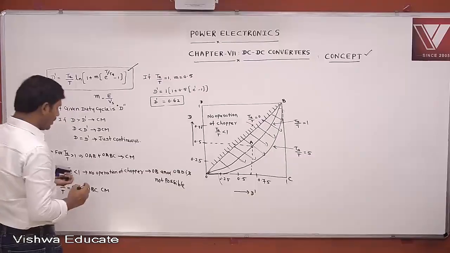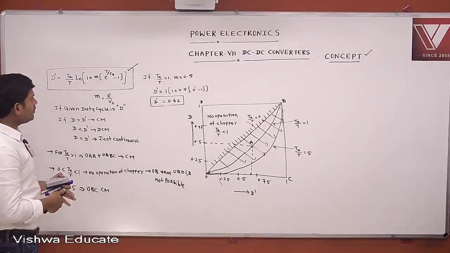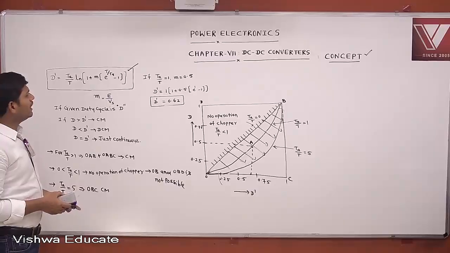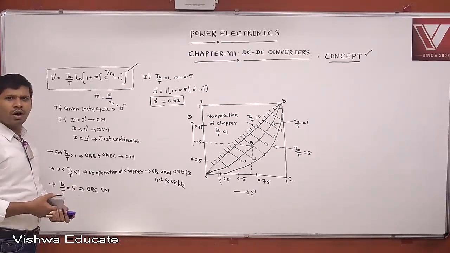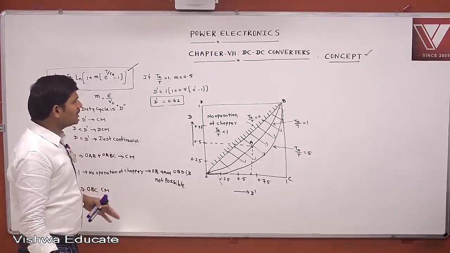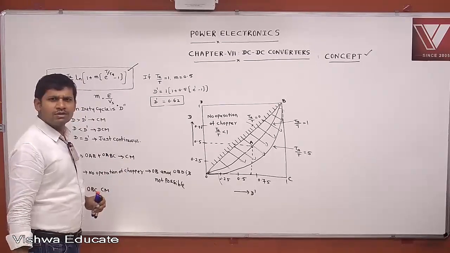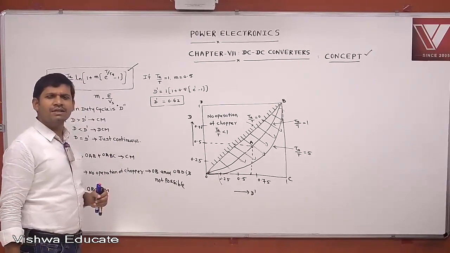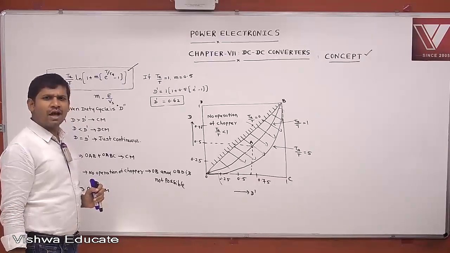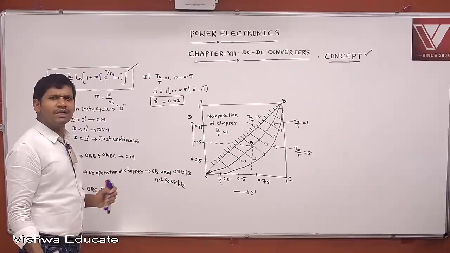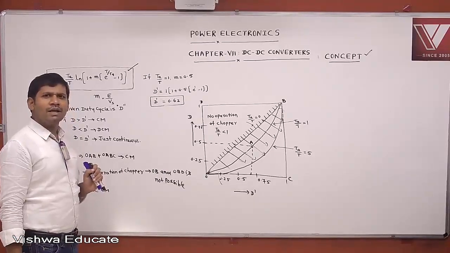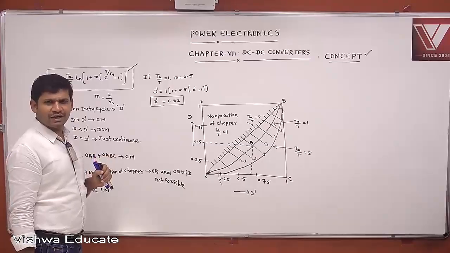Clear? That was about how to analyze continuous or discontinuous mode in a type A chopper with RLE load. Now I want to extend this concept to derive two formulas. Under constant current supply, what is the average current through the thyristor or switch, here assuming the switch is a thyristor?